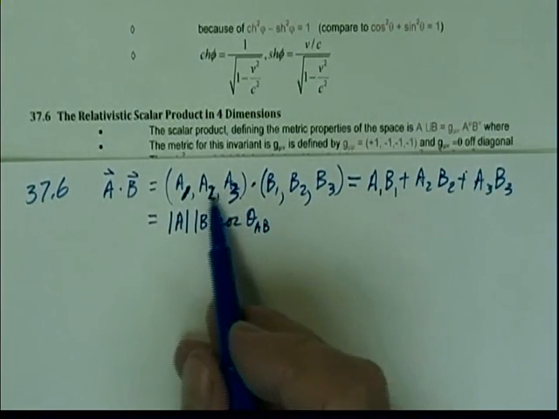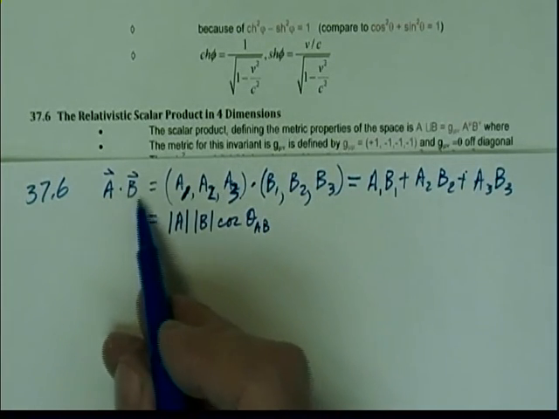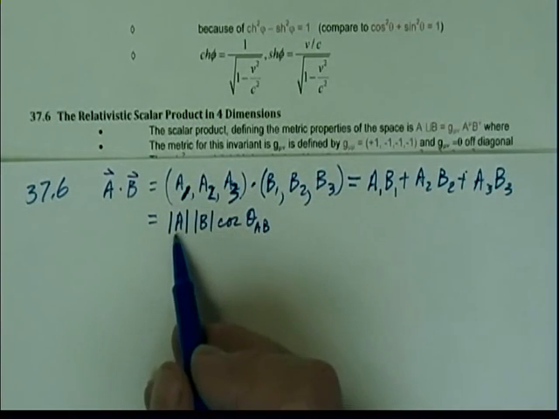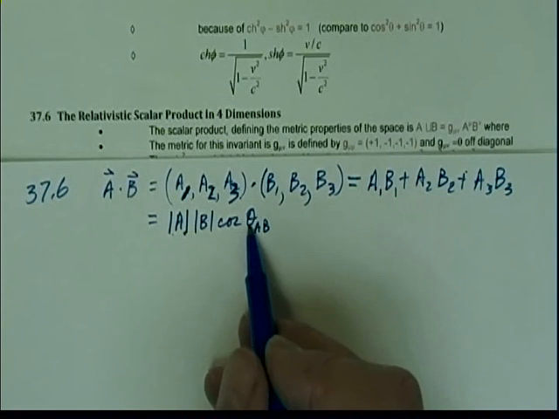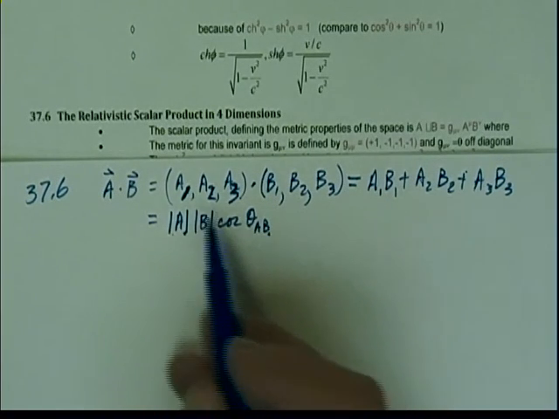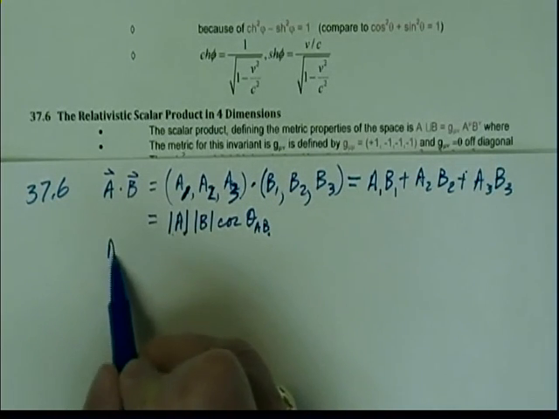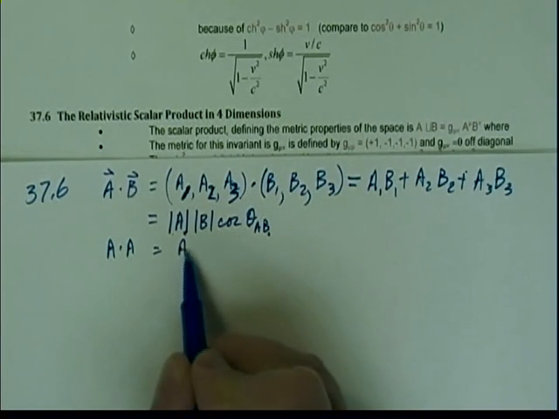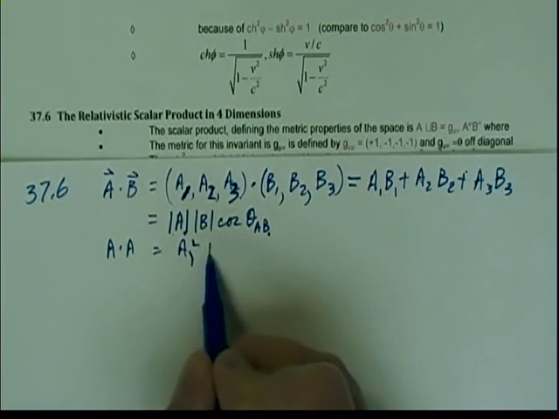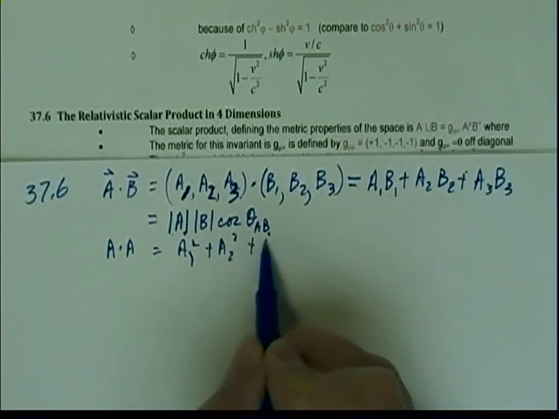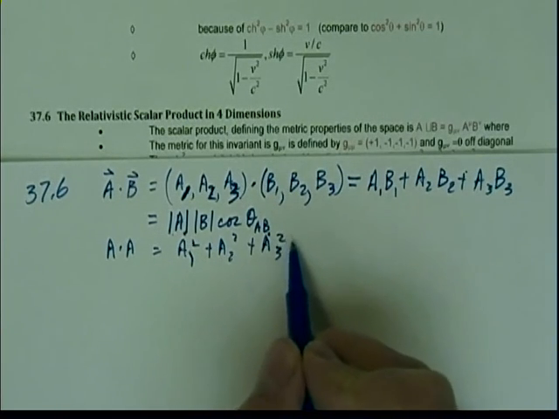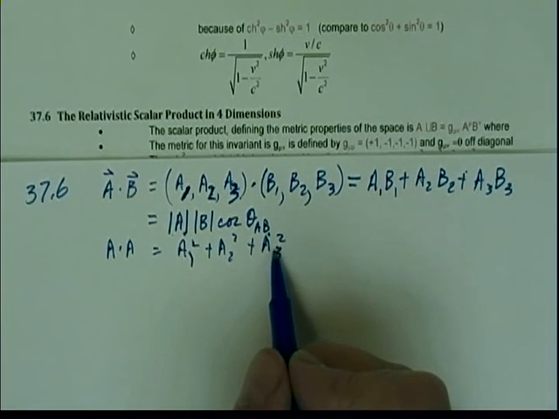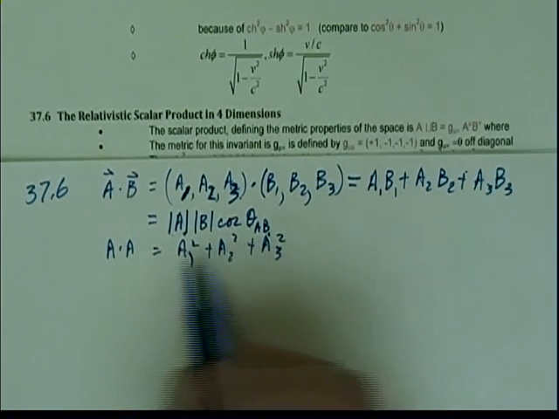Any vector space that has a dot product defined on it is therefore called a metric space, meaning we can get the length of vectors and the angle between vectors. If I take A dot A, then you can see that I get A1 squared plus A2 squared plus A3 squared, which is exactly like AX squared plus AY squared plus AZ squared, or X squared, Y squared, and Z squared.